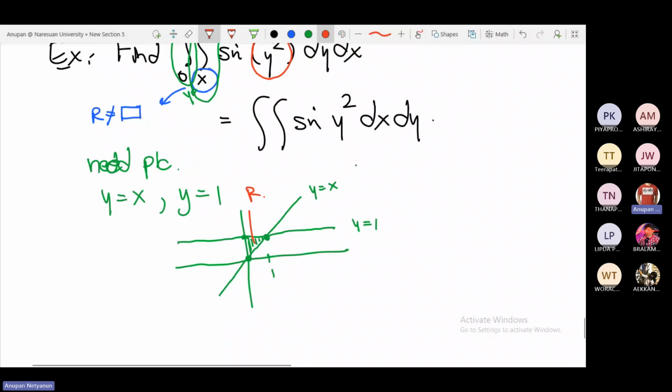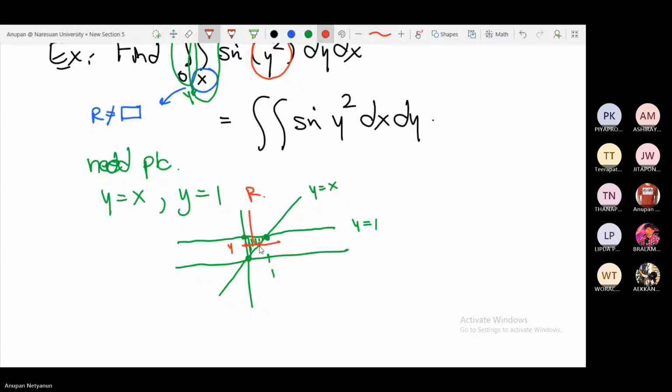Okay, now you do the integration with respect to x first. Okay, so your y is a constant. So you're looking at a particular constant y and drawing the horizontal line. Okay, and it intersects the region at this point and this point.